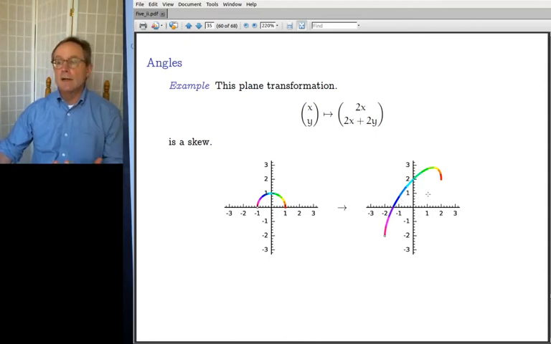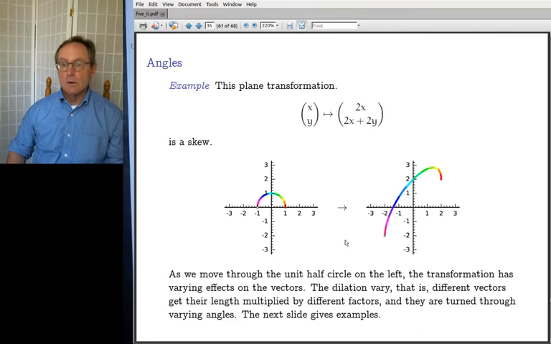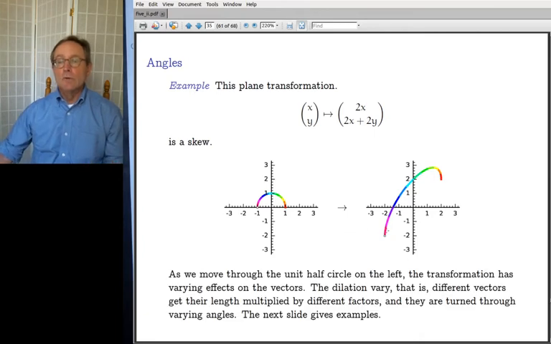I just had the program perform this action on a bunch of points, called some of them red, some of them yellow, and drew it. Something a person could try for themselves. As I move through the upper half circle on the left, the transformation has a varying effect on some vectors.